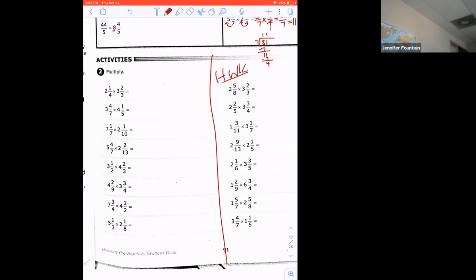How many times will 2 go into 18? 9 times. Good, so 38 becomes 19. Okay. And then you divided both of these by 3. Good. And so now you've got 19 times 5 and 3 times 2. Check that.